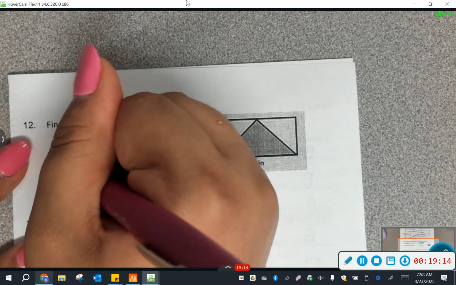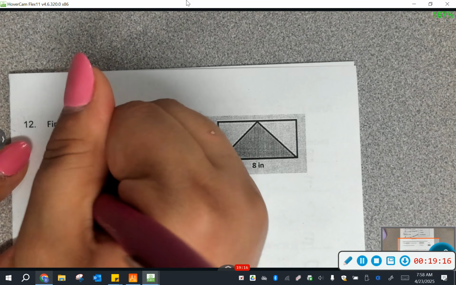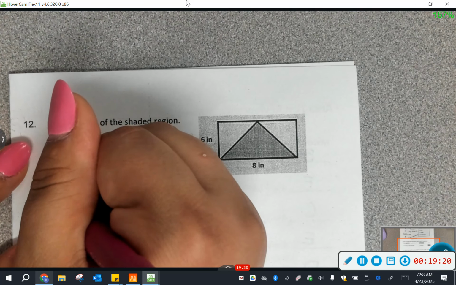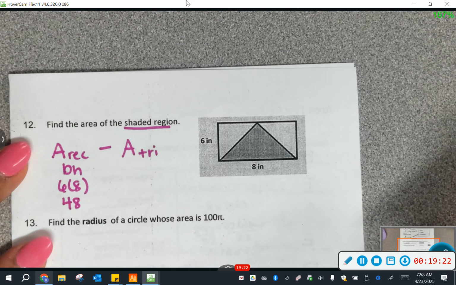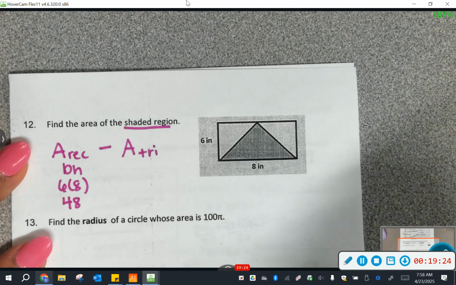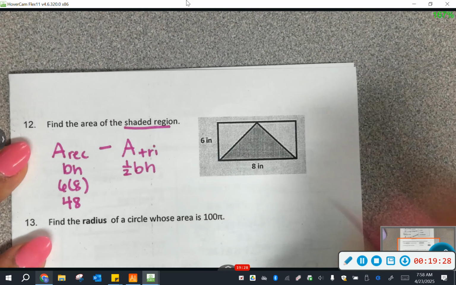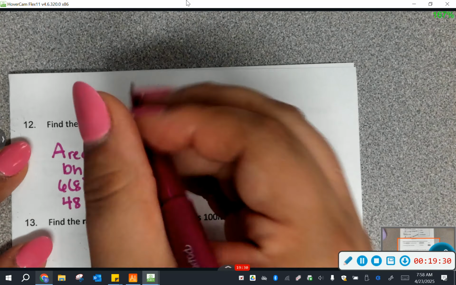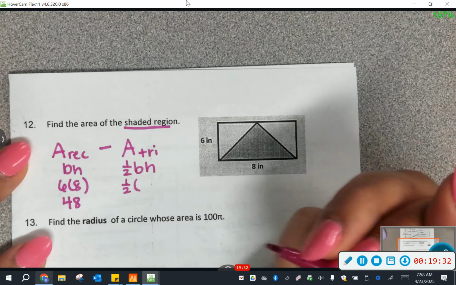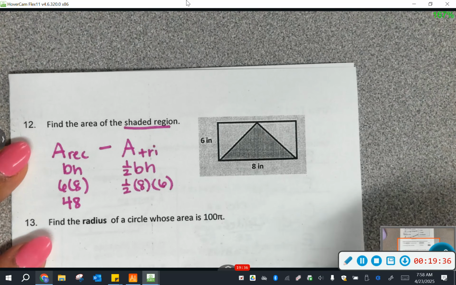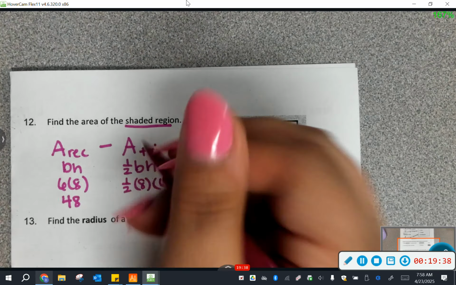So I'm going to do the rectangle quickly because of time, and I feel like y'all have done really well at finding the area of rectangles. And honestly, triangles too. Just don't forget the 1/2 with the triangle. And what is half of 48?